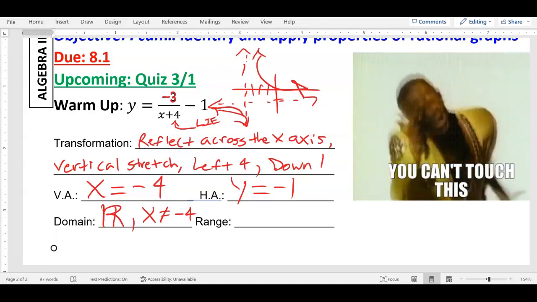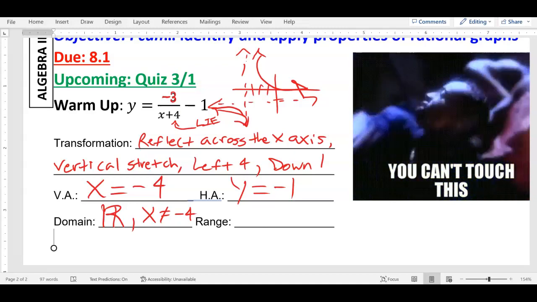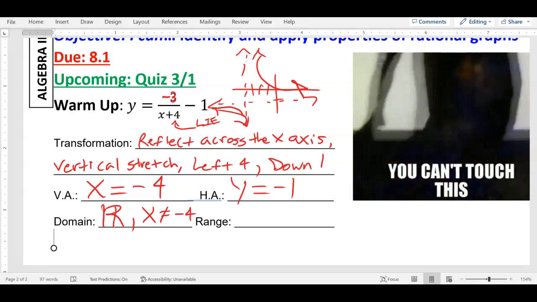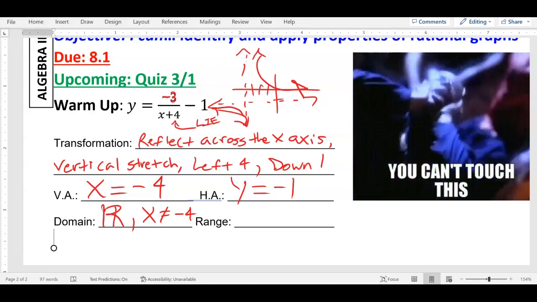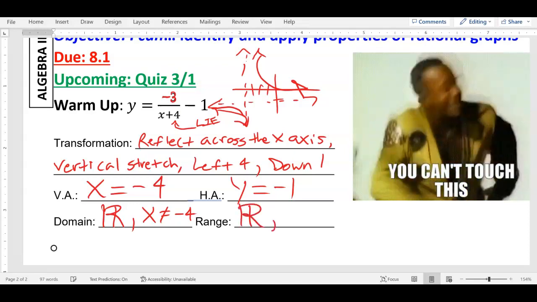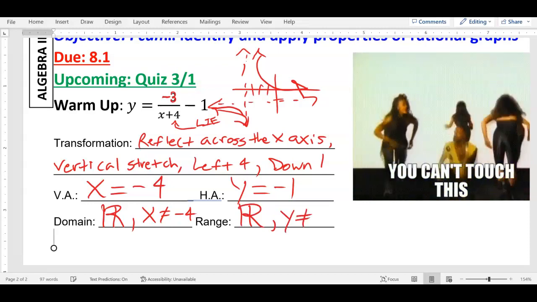It does not touch the horizontal asymptote at -1. So I'm going to do the same thing. It's all real numbers except for -1. So all real numbers except y cannot equal -1.